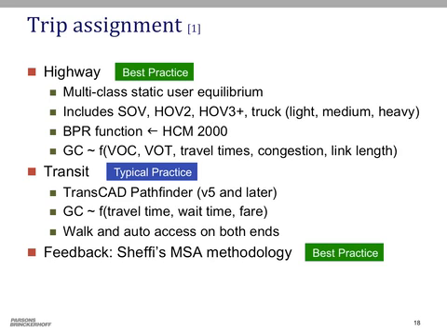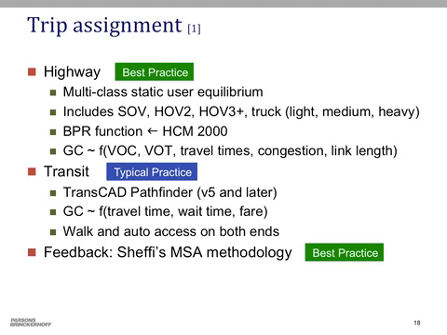And their generalized cost is a function that includes vehicle operating costs, the value of time, travel times, and a number of other link and travel characteristics that we think put it in a fairly advanced state. Great tool. Transit, on the other hand, is what I would call a typical practice model.